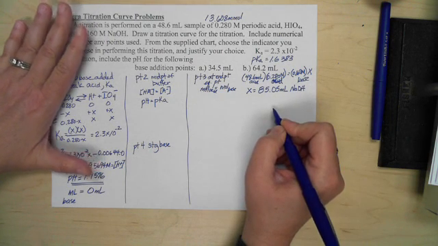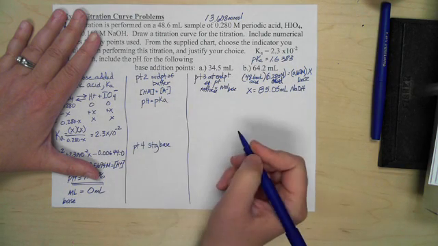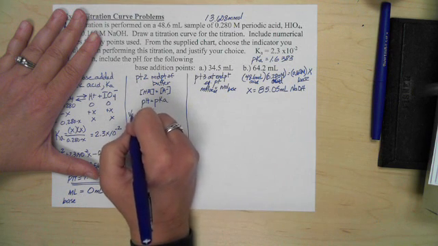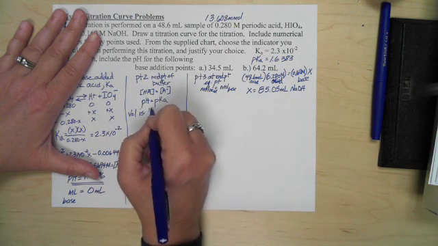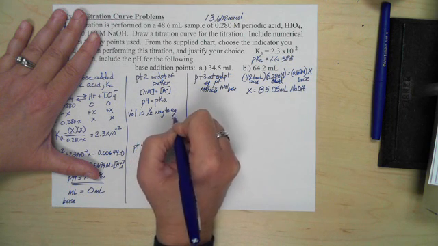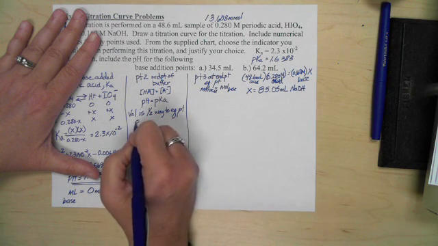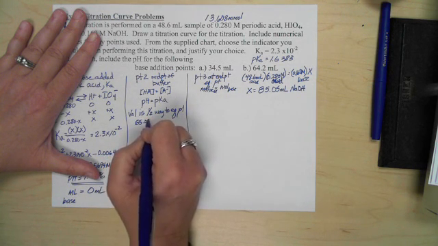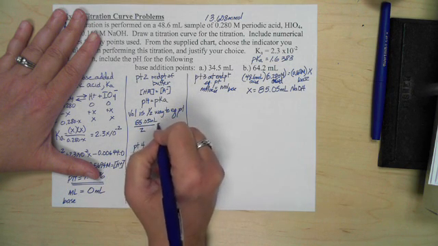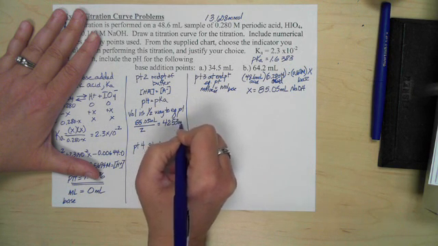That being the case, we're going to go back to point 2. We know that the midpoint of the buffer zone is the point where the volume is halfway to the equivalence point. So that means the equivalence point, 85.05 milliliters, divided by 2 is equal to 42.53 milliliters.